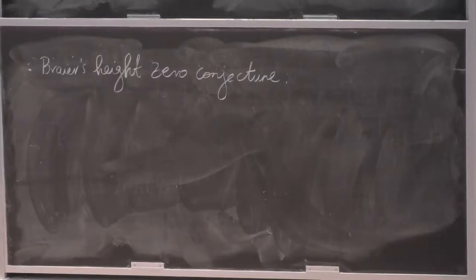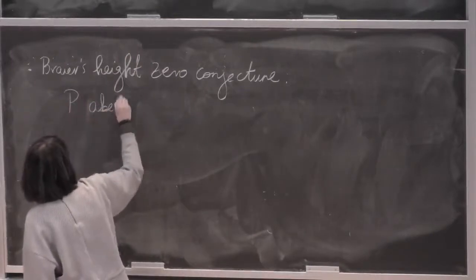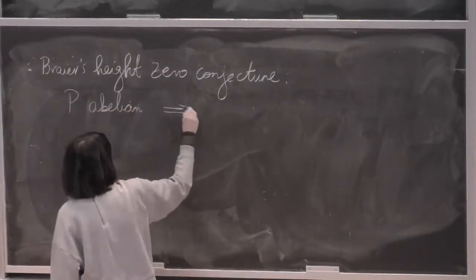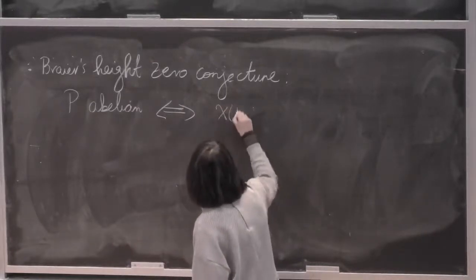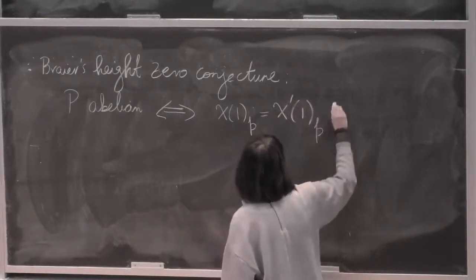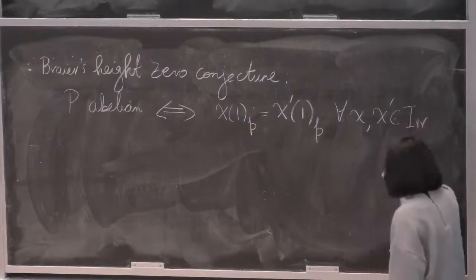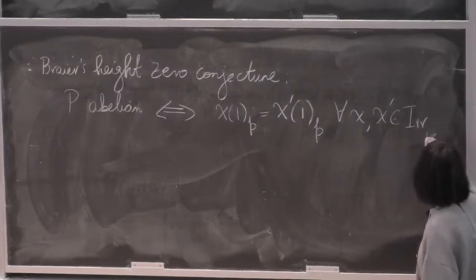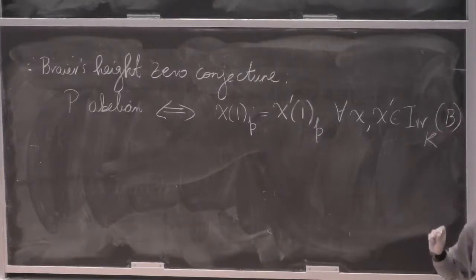It's a characterization of being abelian. Okay, and it simply says that P is abelian if and only if the following arithmetic condition holds.